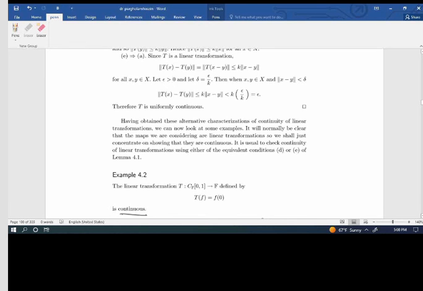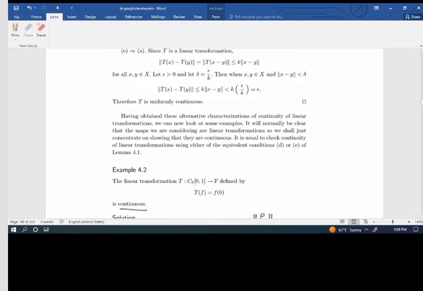This is an example: T from C[0,1] to F such that T of f equals f of 0.